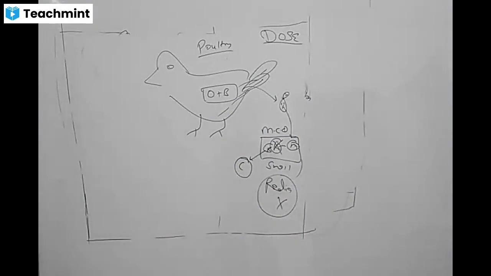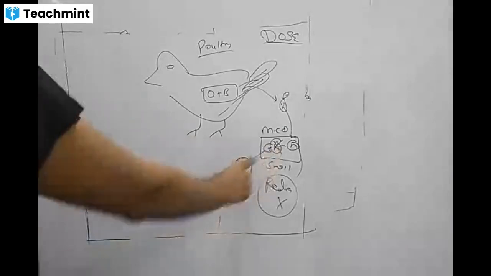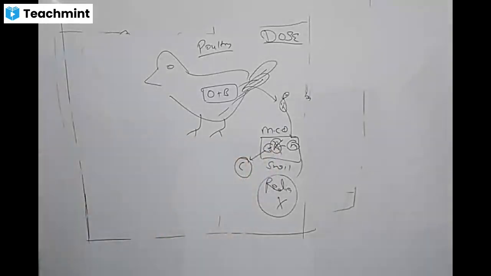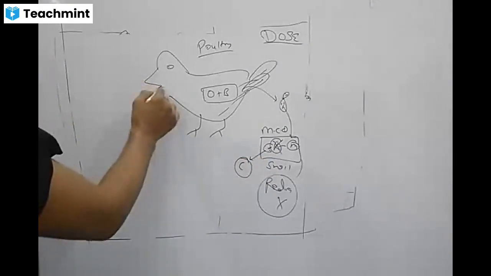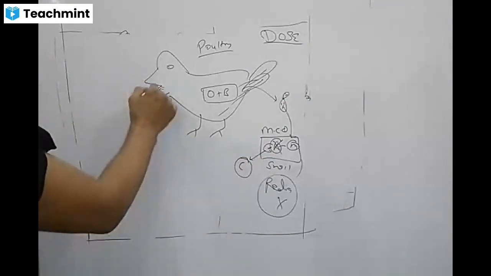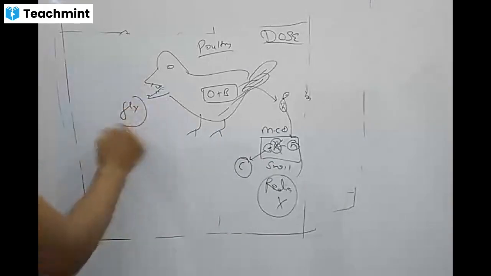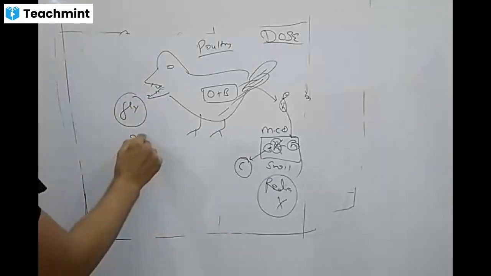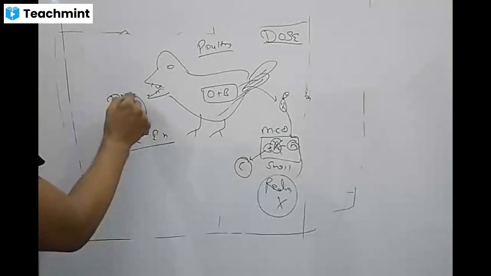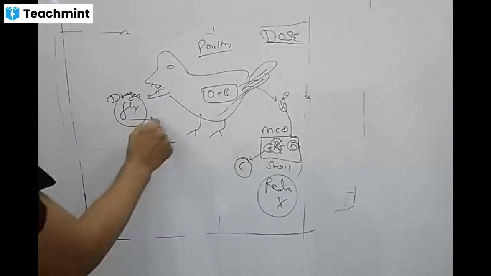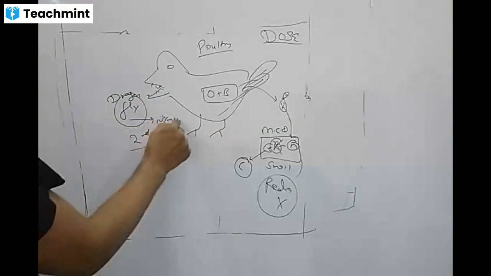In these flukes, redia is absent, so what comes out is cercaria. Then these birds, what do they eat? They will eat fly. So your second intermediate host is the dragonfly, and mainly if they ask you, the answer will be the nymph stage.